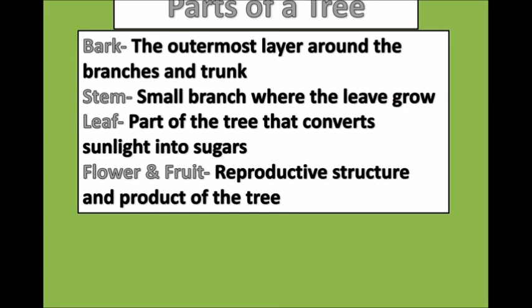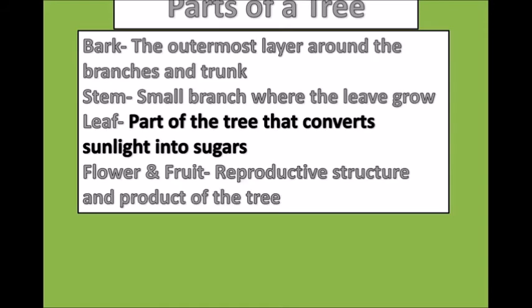These are the most distinctive morphological features for identification, but are seasonal in deciduous trees. Flowers and fruits are the reproductive structure and product of a tree. They are also very useful in tree identification, but are much less reliable and rarely found on the tree themselves. Today we will be using leaves to identify the species of tree.